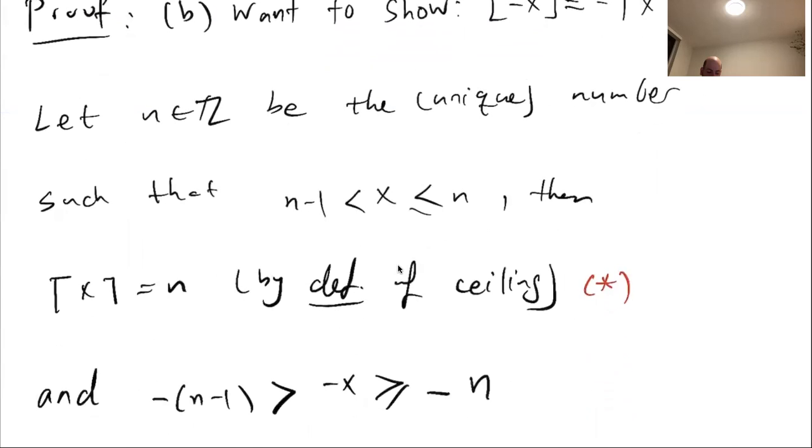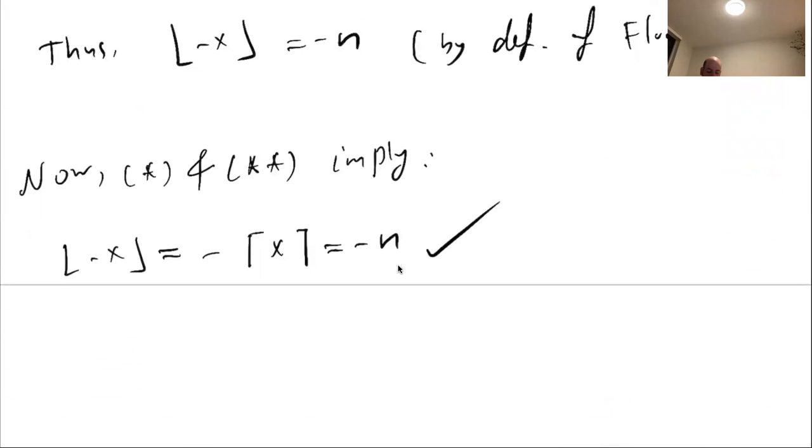So if the ceiling of x is n, minus the ceiling of x will be minus n, which means it's the same as the floor of minus x. So these two are equal and both are equal to minus n. The fact that both are equal to minus n, that part I don't need. I just want to show that the floor of minus x is minus the ceiling of x. And these two are equal because both of them are equal to minus n. So this was the proof of part B, proof of other parts.